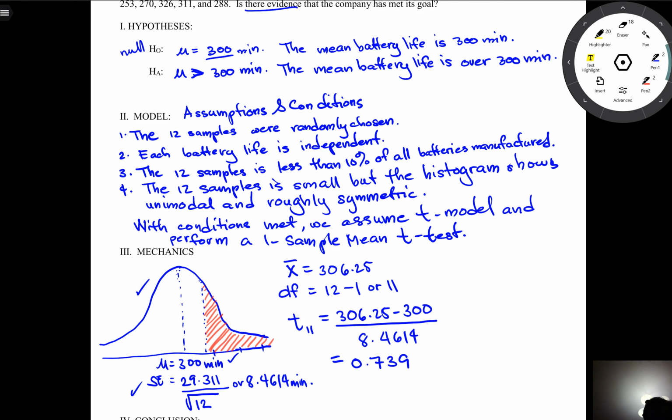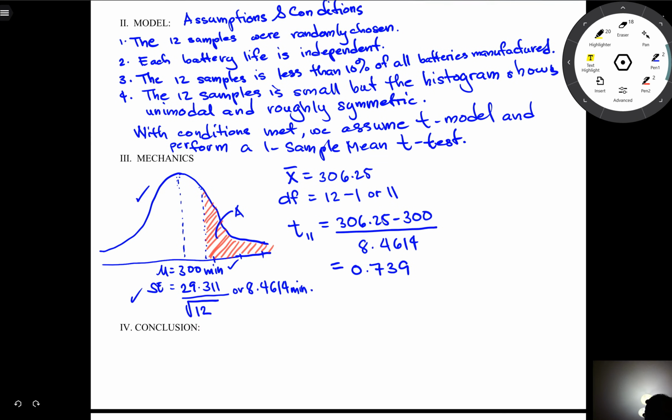Let's call this area A. That A is the probability that the t-score is greater than, see, it's to the right of, this point right here, 0.739.